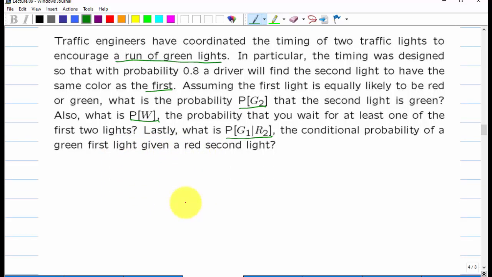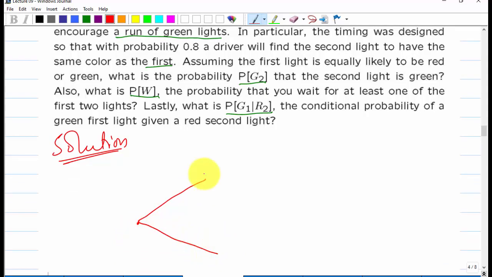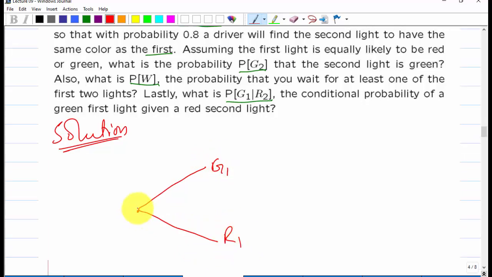Again, this is a very interesting problem. We will start with the tree diagram, and again we will start with the root. Because green and red lights here are equally likely, the driver can get either the green one or the red one. Because they are equally likely and these are the only two events, their probabilities will be half.